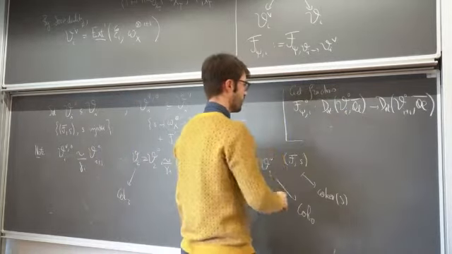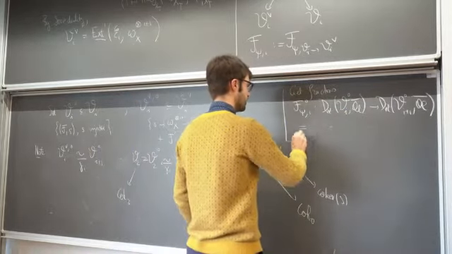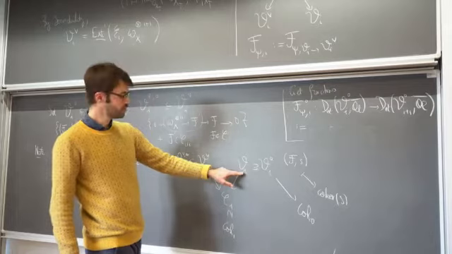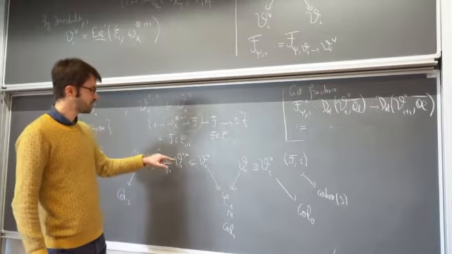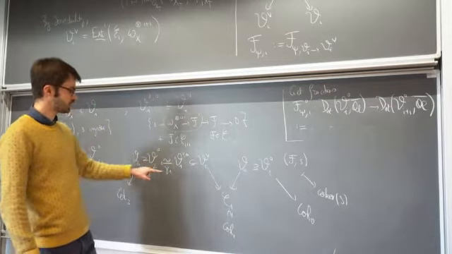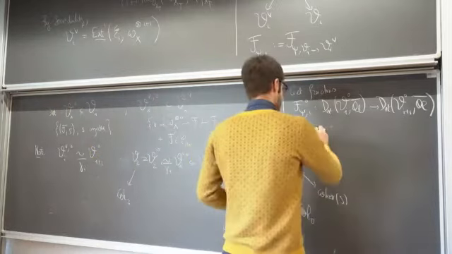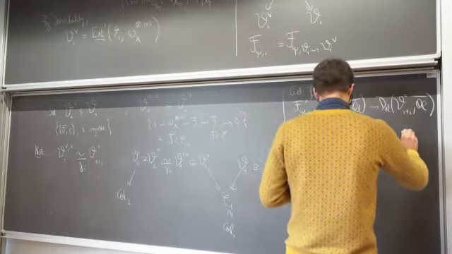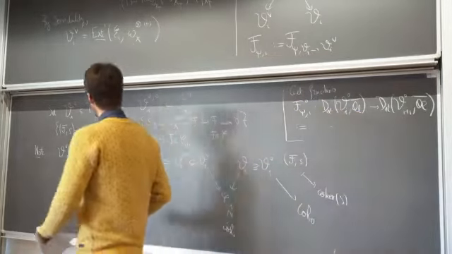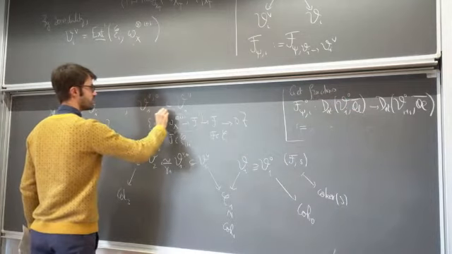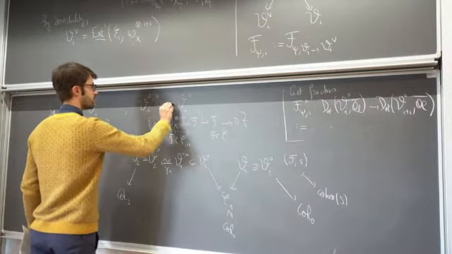Namely, what do you do? You start here, say i is 1. You first extend by 0, apply Fourier transform, restrict, and identify along gamma 1. Let me give names to these maps, G_i.